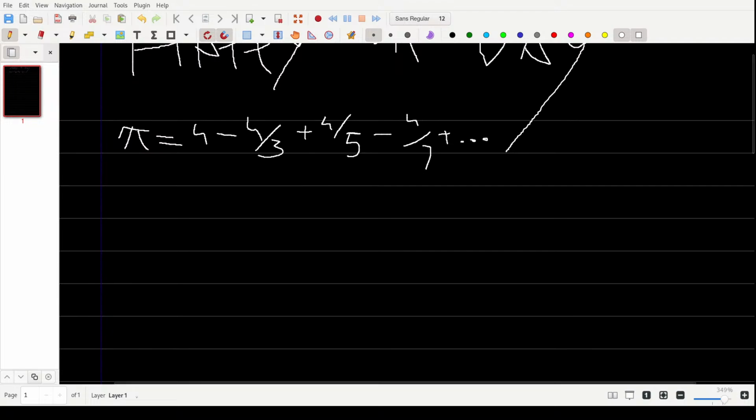So the first estimation is going to be using the first term. So it's just 4.